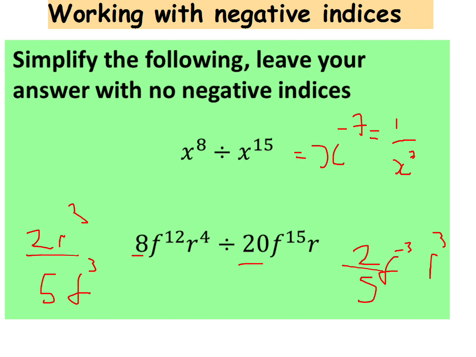The f to the minus 3 flips, so it's going to be 1 over f cubed, and when I combine it, I get that as my answer. I hope that makes sense. Remember that if you're ever dividing with numbers, the numbers are treated separately. So 8 divided by 20 is 2/5 or 0.4. That is my answer there.